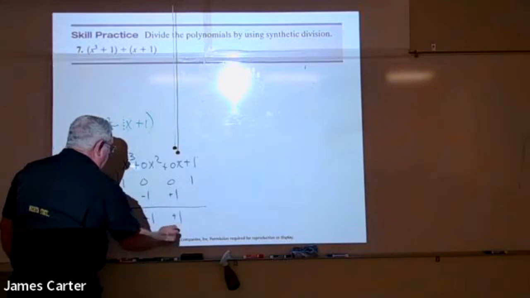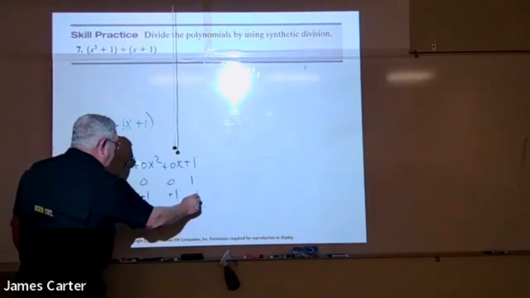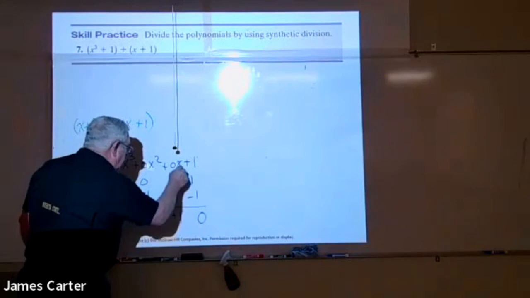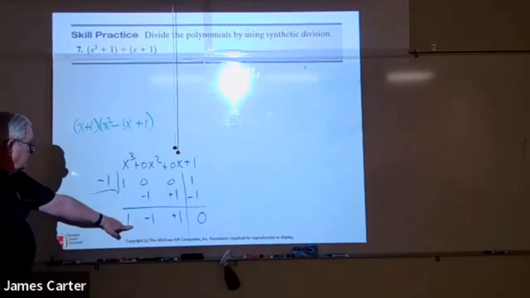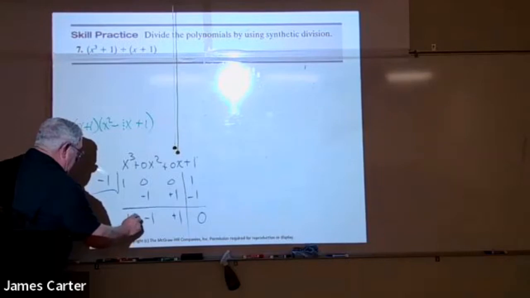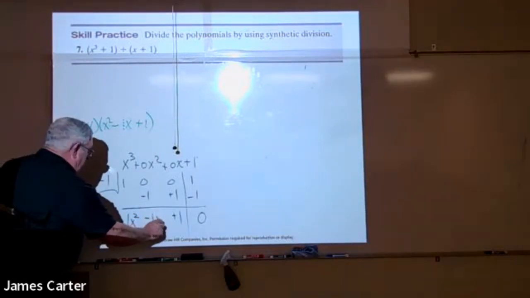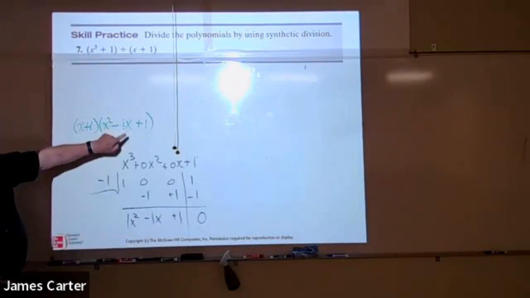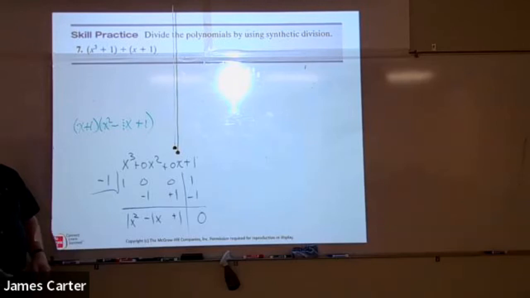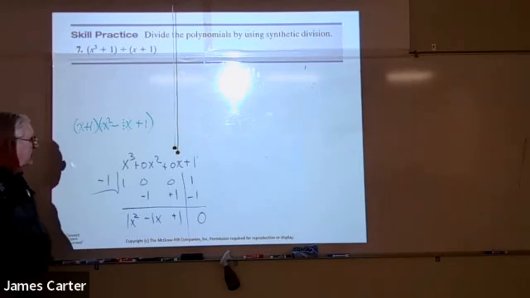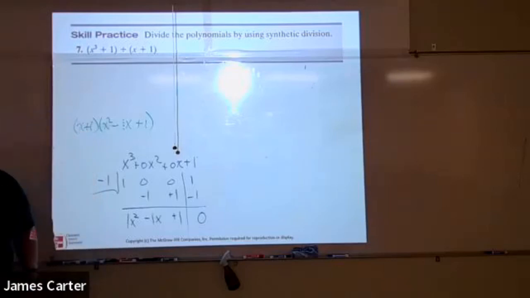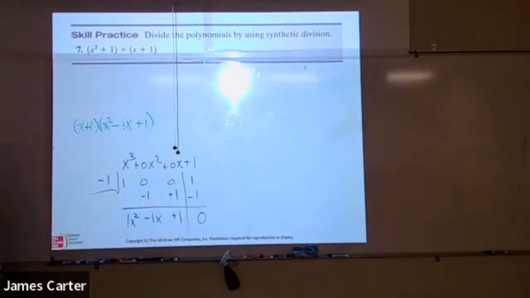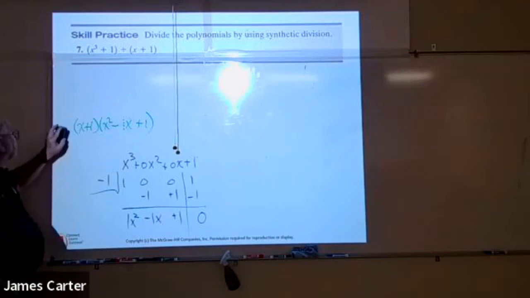Now I add these, and I get +1. Multiply those, and I get -1. Add those, and I get 0. What does this translate into? X squared minus x plus 1. Okay. And that'll always do that. Question before I go on? No? Okay.